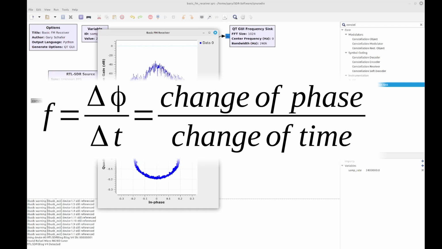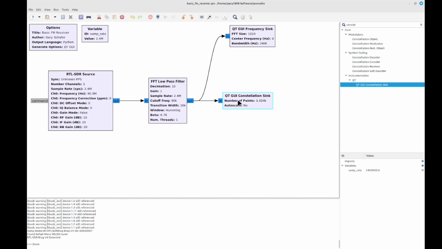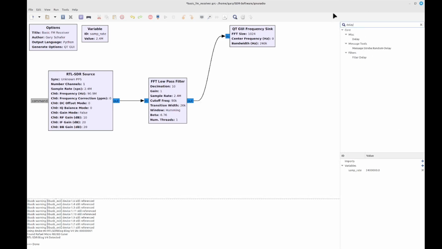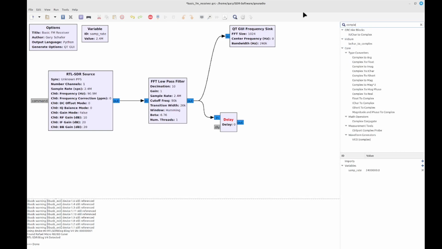So what I need to do is figure out what that phase change is. In order to figure out the phase change, I need to be able to process consecutive samples one against the other. To do that, I'm going to add in a delay, and then I'm going to add in a complex conjugate.